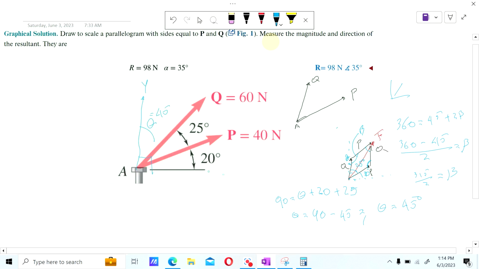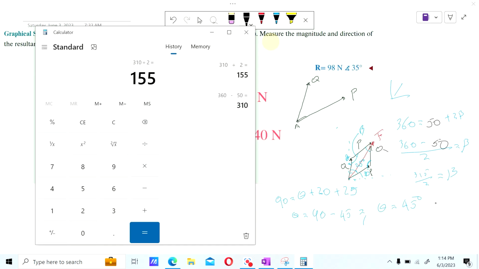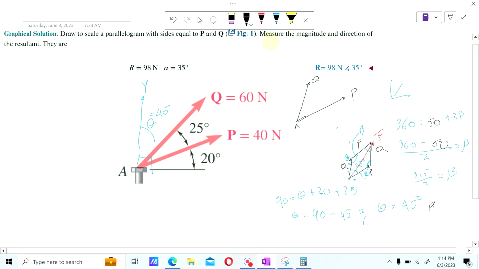So first of all, 25 times 2 is not 45, it's 50. I apologize. So this is 50, 50. And we said beta was 155. So this is 155 and this is 155.